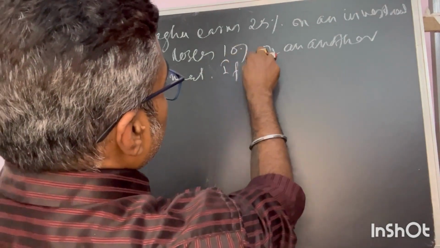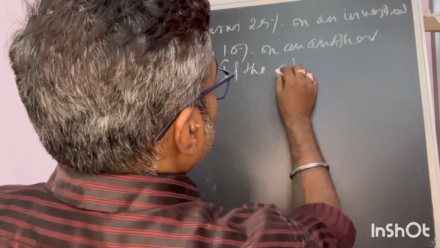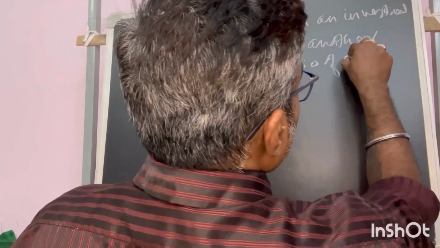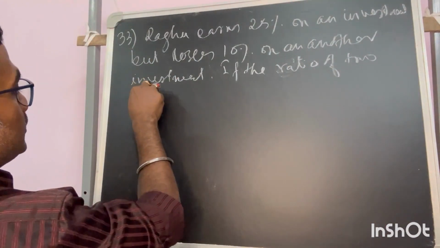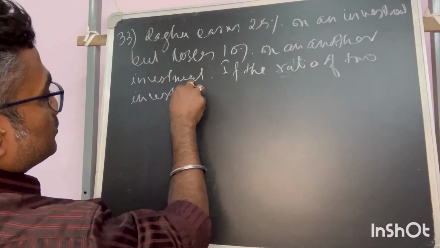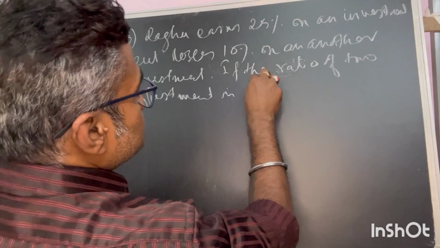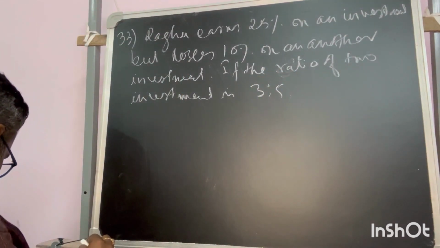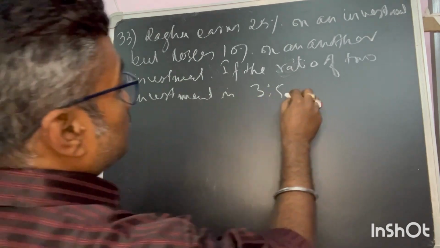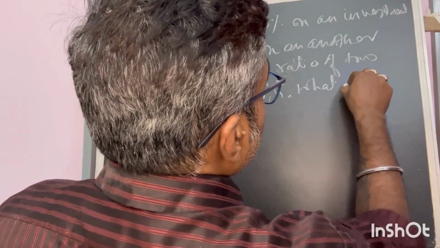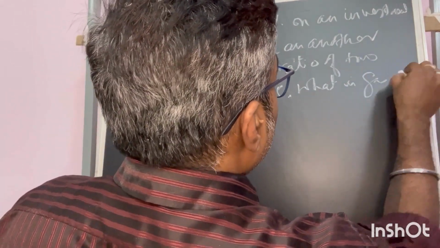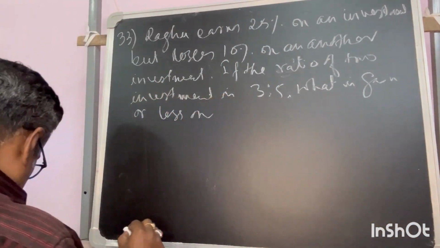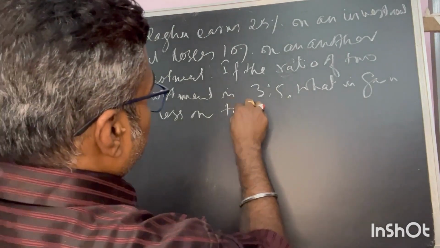If the ratio of the two investments is 3:5, what is the gain or loss on the two investments taken?